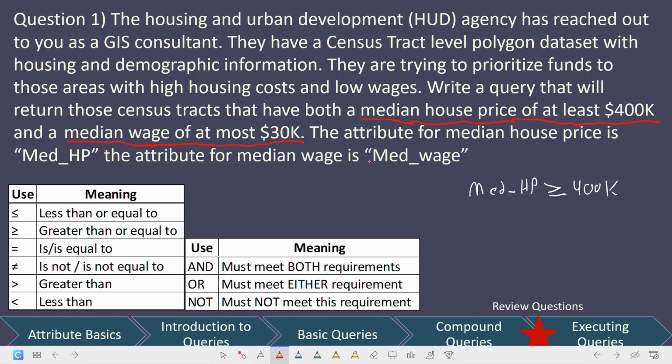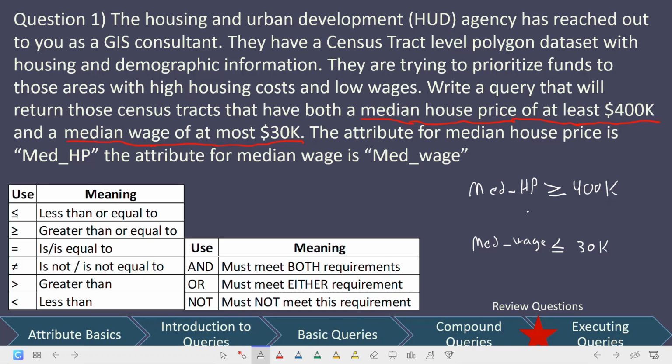And we know that the attribute here is med wage. So we can make a second query of med wage, and when we see at most, we know that is less than or equal to 30,000.